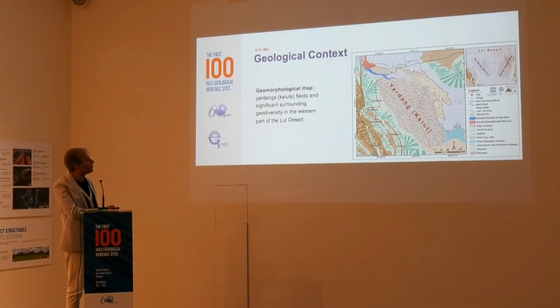Here is another view, the geomorphological map of the area, where you see the Yardangs, Kalut. The direction of the hills, or the Kalut, is southeast to northwest, and it follows the main wind system in the area.